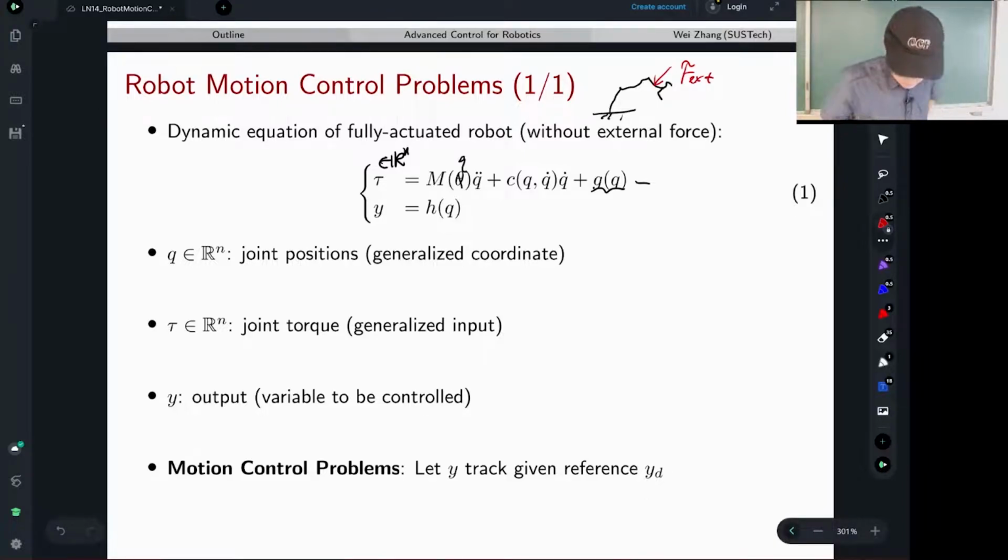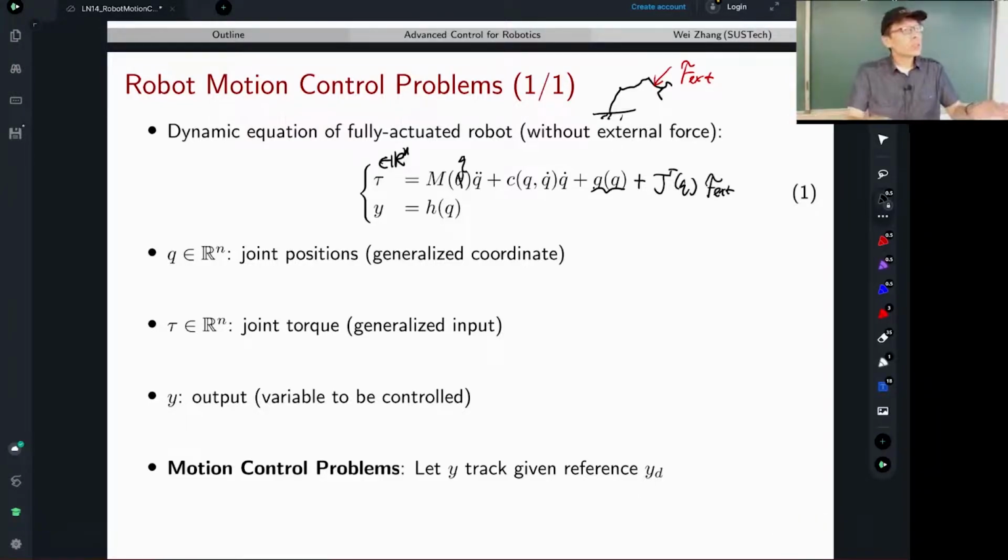How should I modify this equation? Plus J transpose Q times F external, okay? If I need, I can do this. And you should be able to derive it.